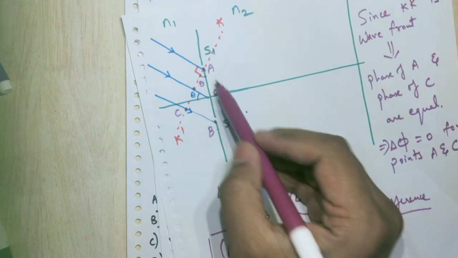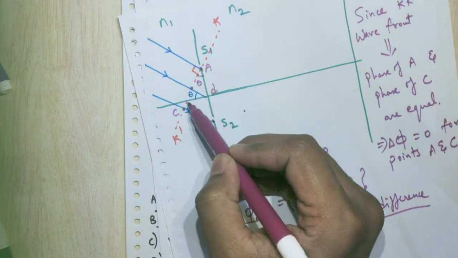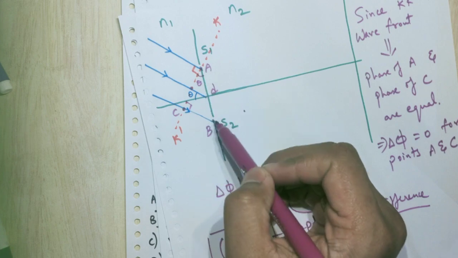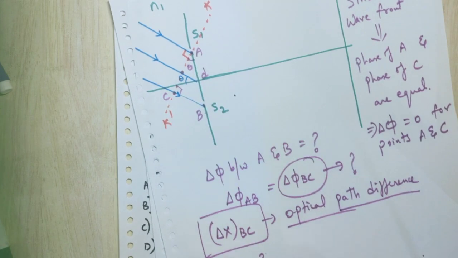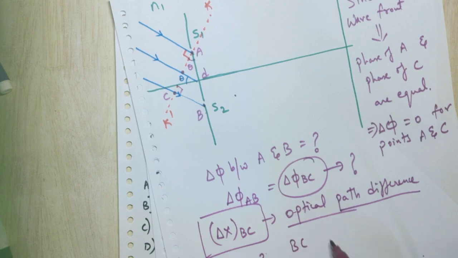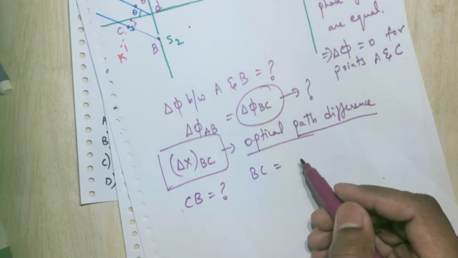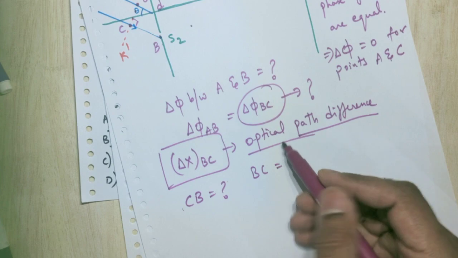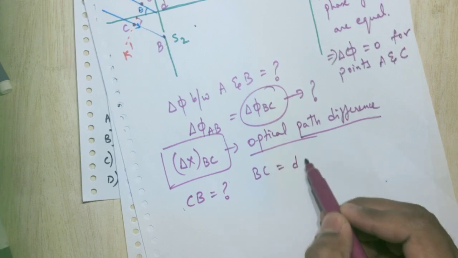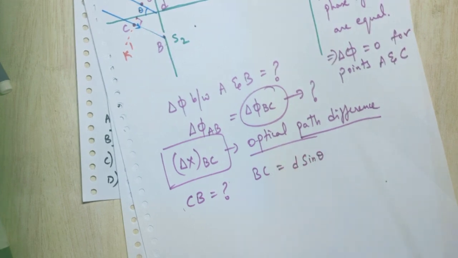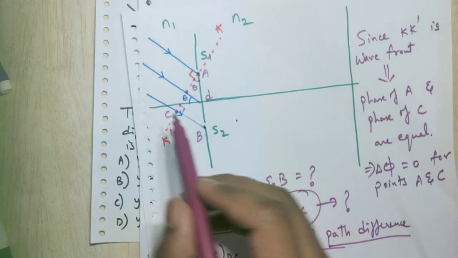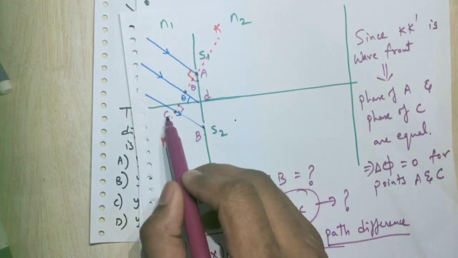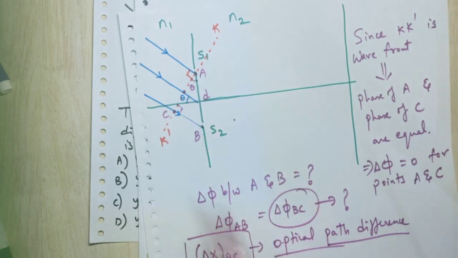So this hypotenuse is given, this is a right angle, and this angle is also given. So BC or CB, I can directly write as d sin theta. From this figure it is very clear that BC is d sin theta.